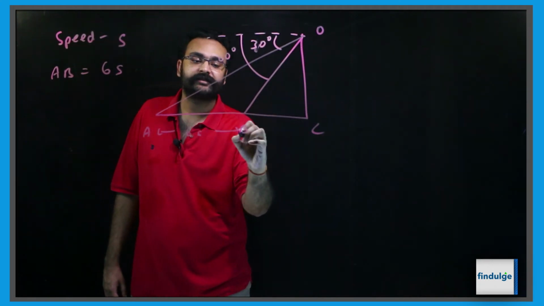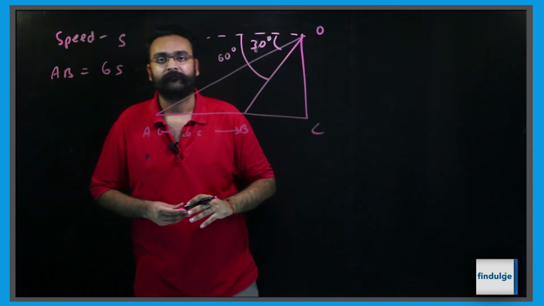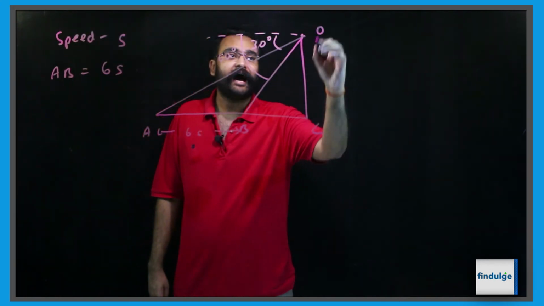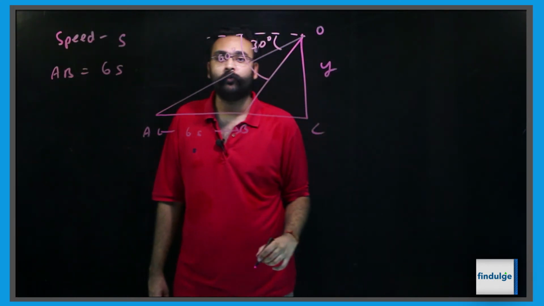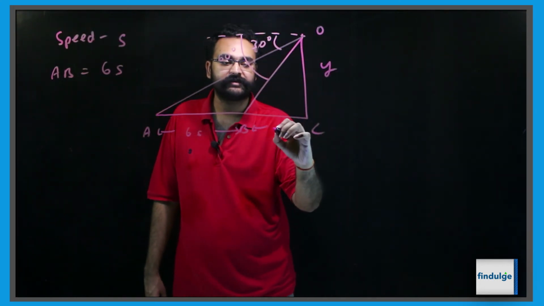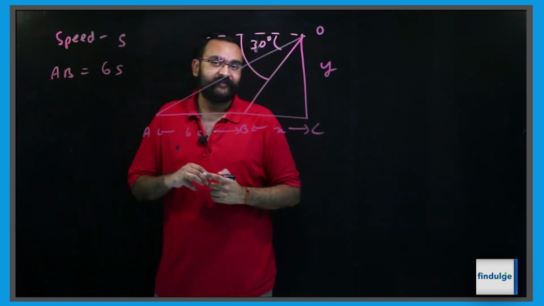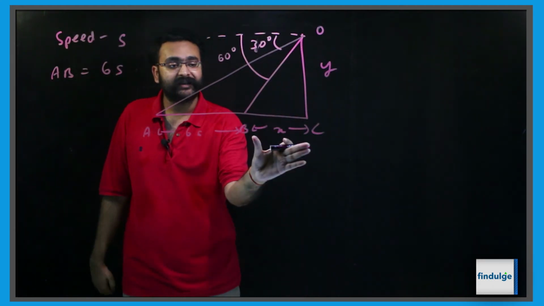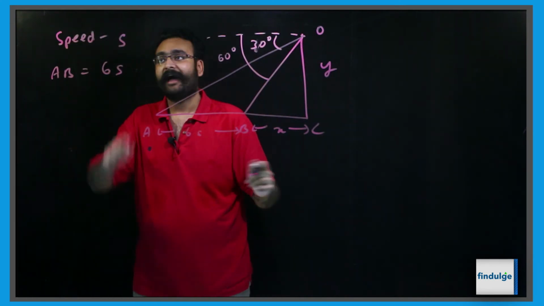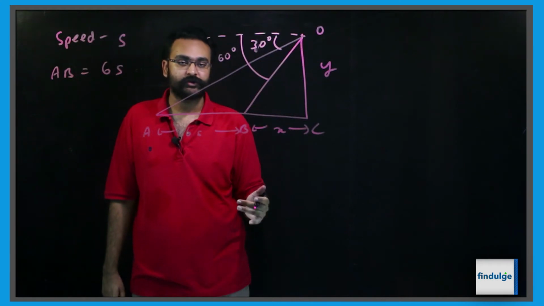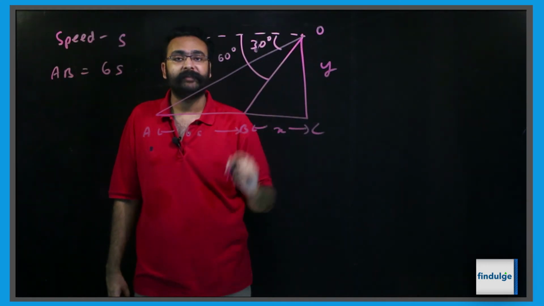And using this, we will solve the question. Now, there are 2 missing distances in this question. The height of the tower, let it be y, and this distance x, which is BC. So effectively, if I'm able to find the distance BC, then I will divide it with my speed, and that will give me the time. So I need to find BC.